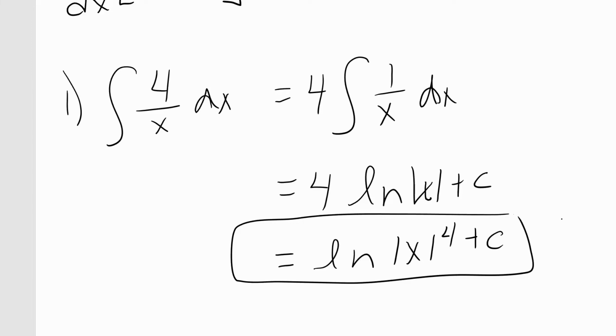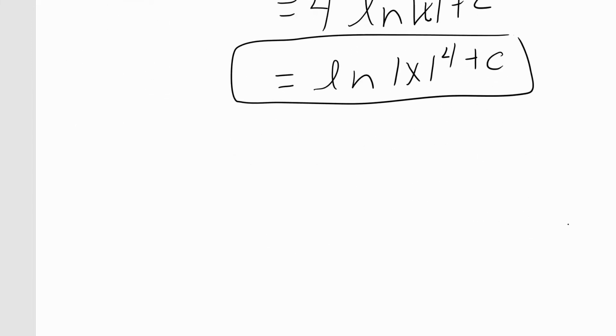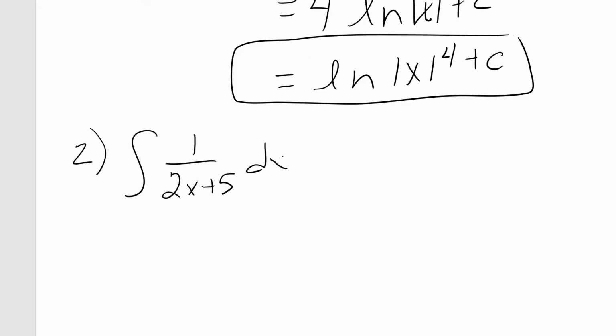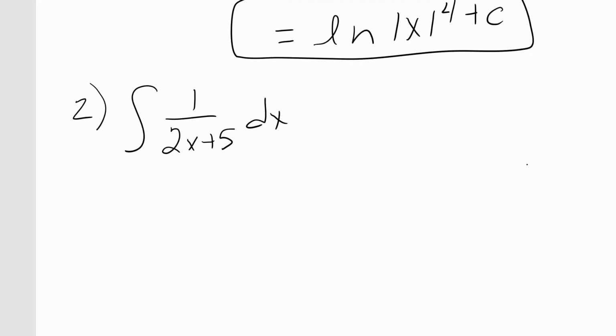Let's do another one. So number 2. The integral of 1 over 2x plus 5 dx. All right, so as I've said before, there's no such thing as quotient rule or product rule for integrals. So we have to do something else. Whenever you have a fraction, you will probably be doing integration by substitution and be doing this logarithmic rule.